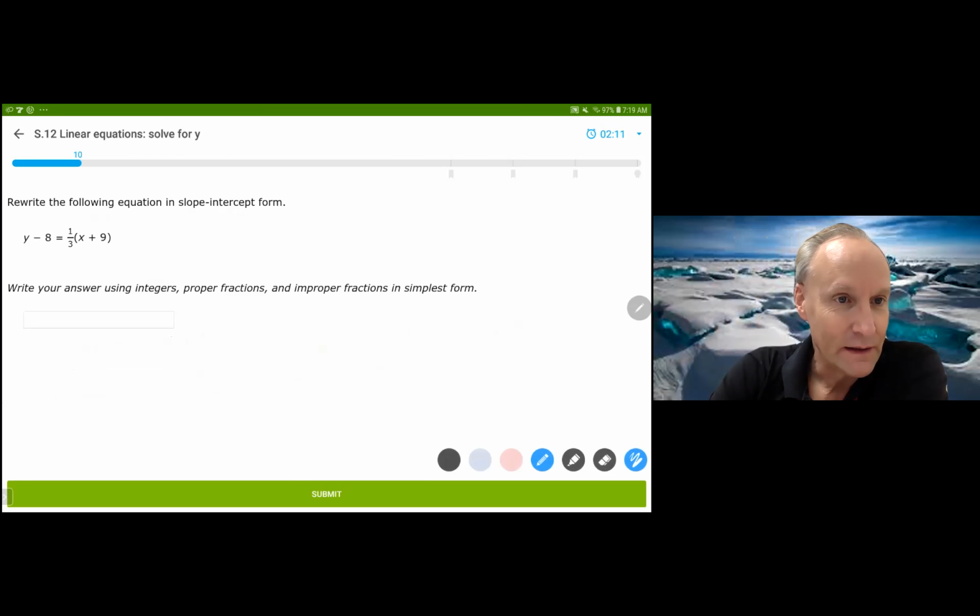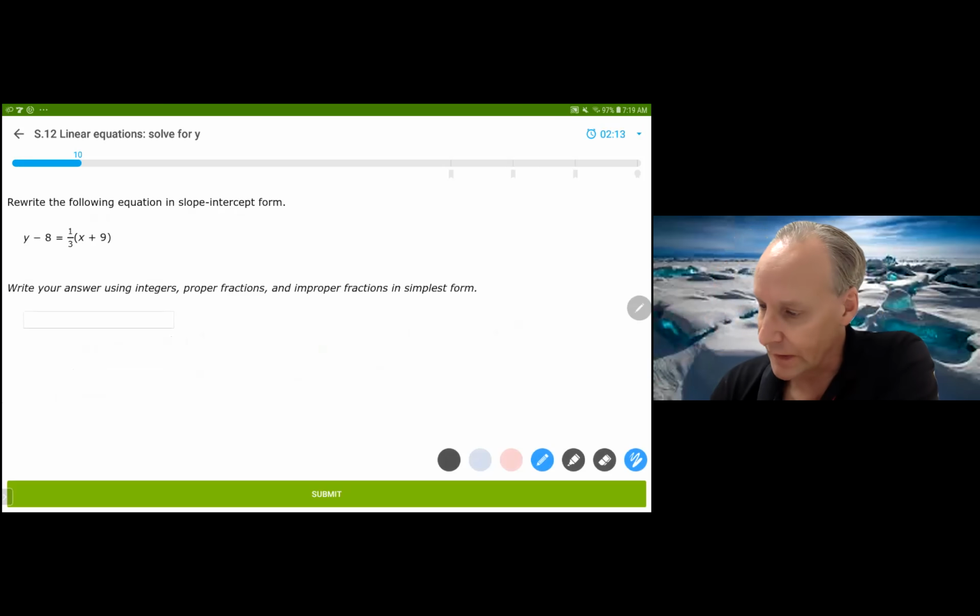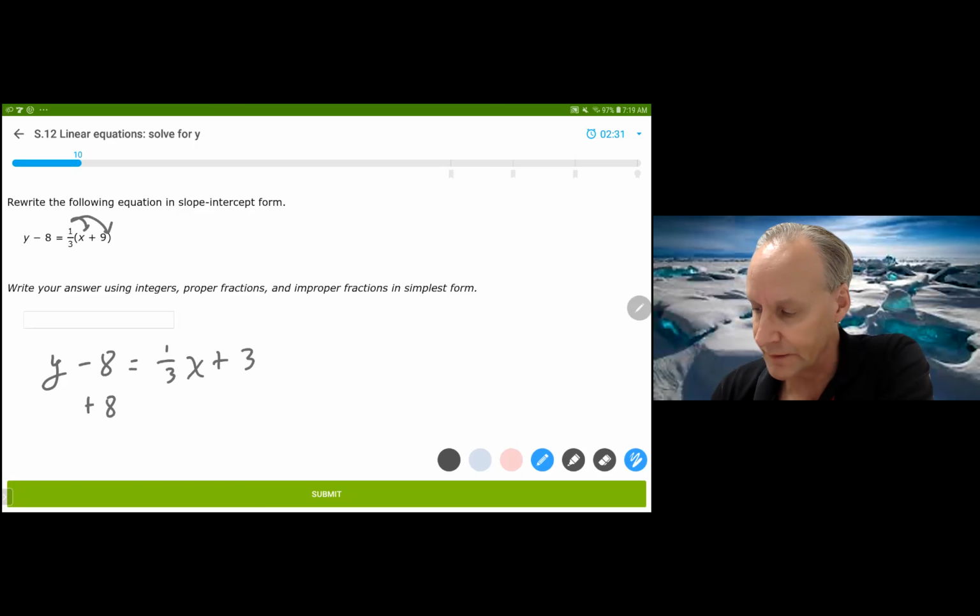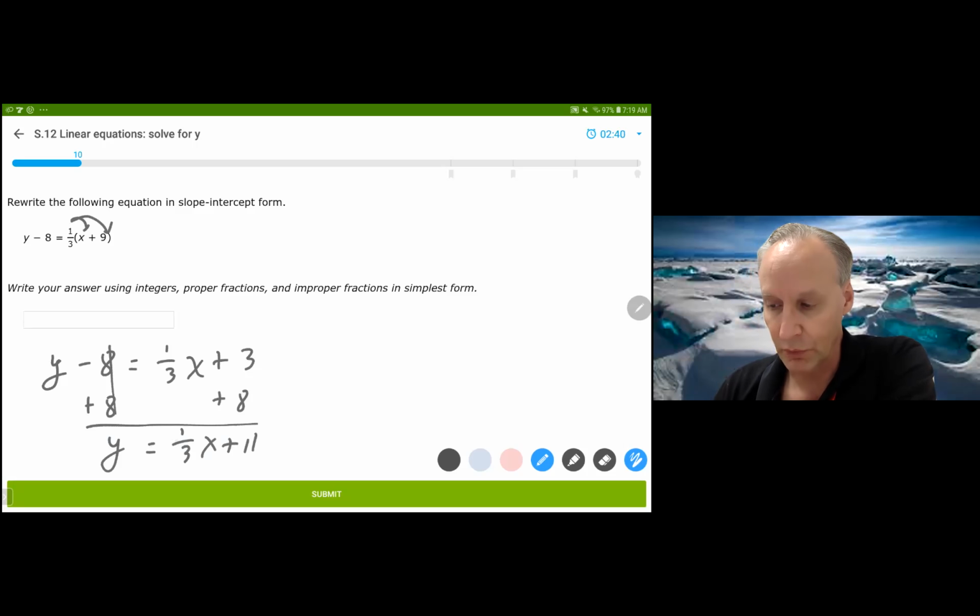Not so bad. Same deal here. We distribute that 1/3, and we get y minus 8 is equal to 1/3 x. And when I multiply the 1/3 times the 9, I get 3. I'm almost done. I'm going to add 8 to both sides, and I get y is equal to 1/3 x plus 11. That's (0, 11) and a slope of 1/3.